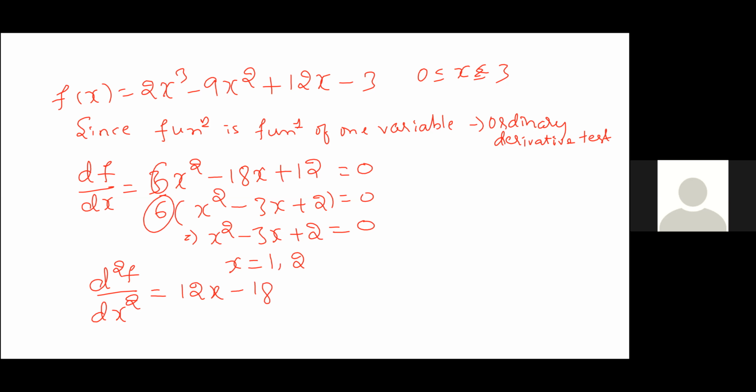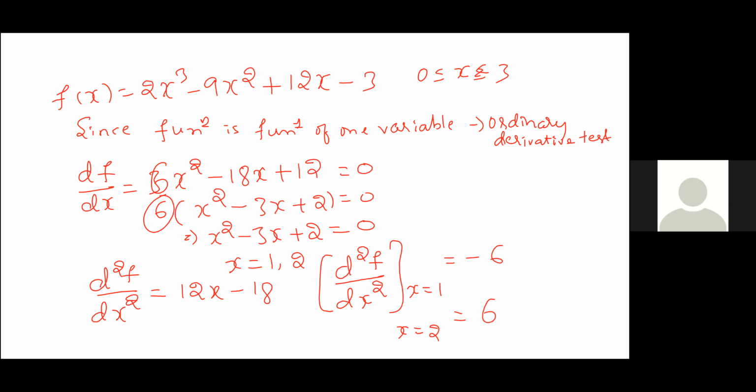So now put x equals 1 and x equals 2 in d square f by dx square. At x equals 1, what's the value? Minus 6. And at x equals 2, 12 into 2 is 24, minus 18 means it will become 6.